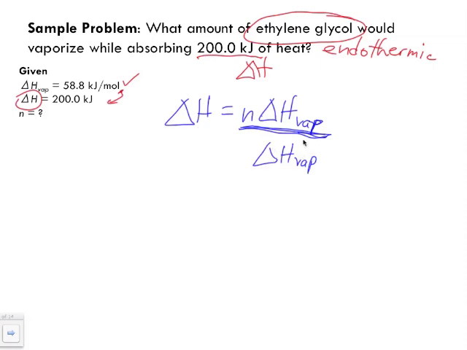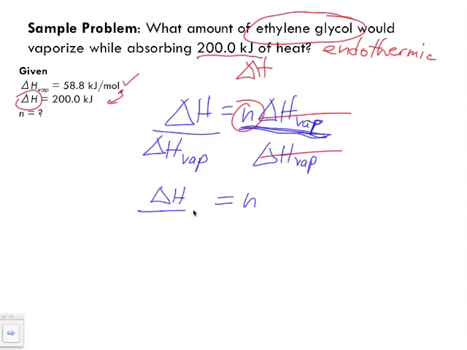What we do on this side, we have to do on this side: divide by delta H of vaporization. This cancels out, leaving us with just our N value. So N equals delta H over delta H of vaporization.